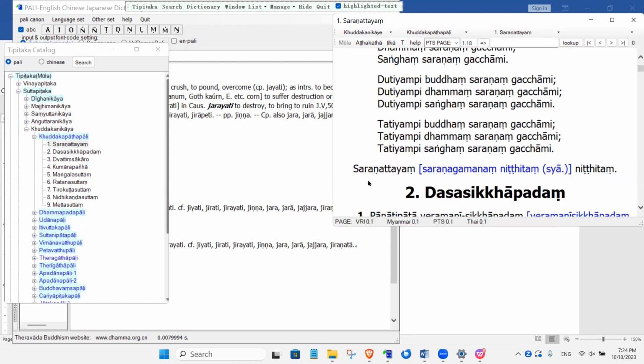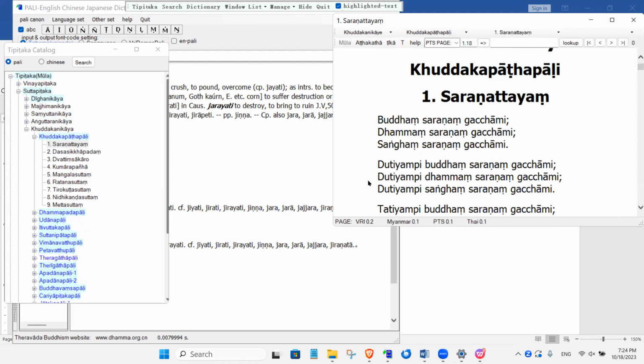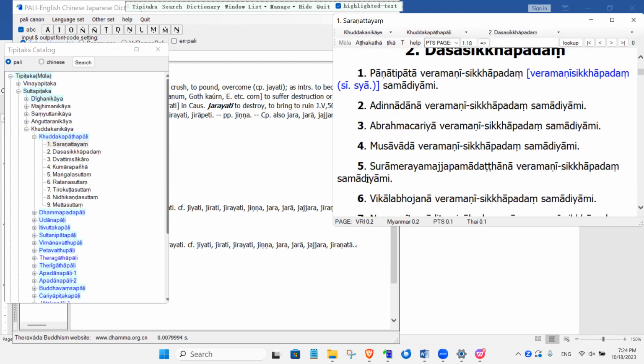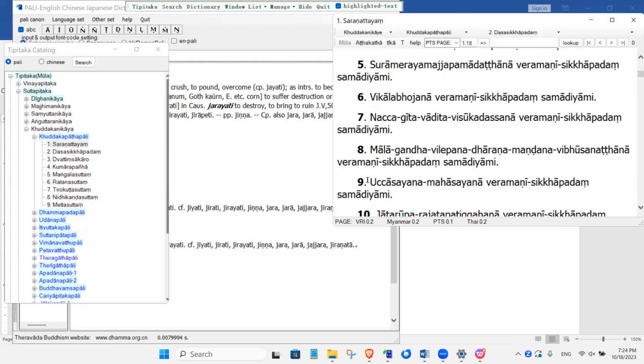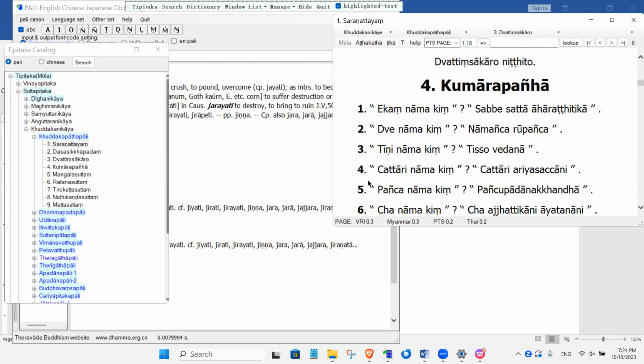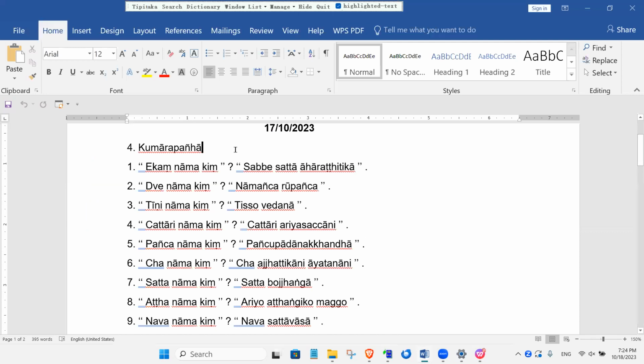So you've got this one, the Saranattaya, the Triple Gem, ten trainings, 32 parts. And this is the one here, number 4, questions for the young boy. I think another Bhante was teaching this. I saw it on YouTube the other day.